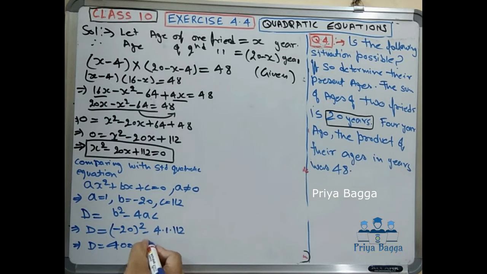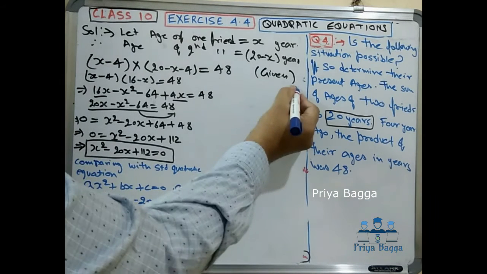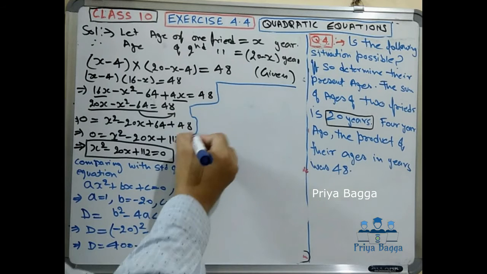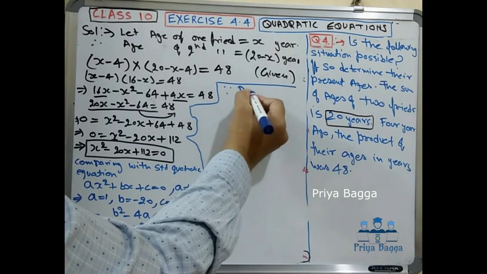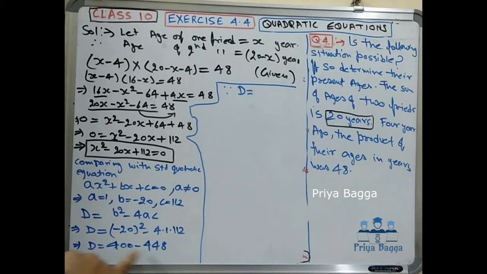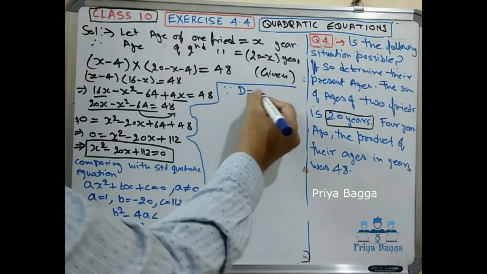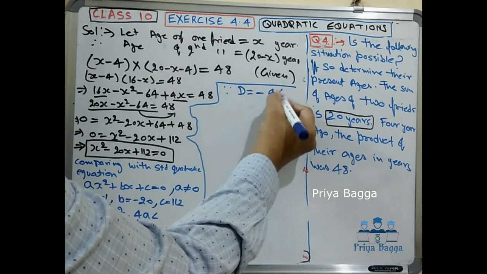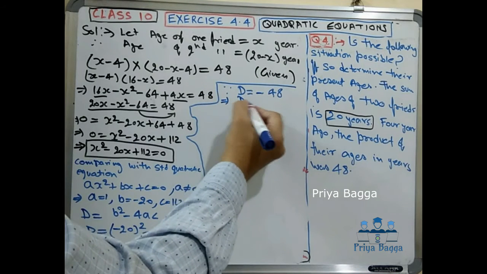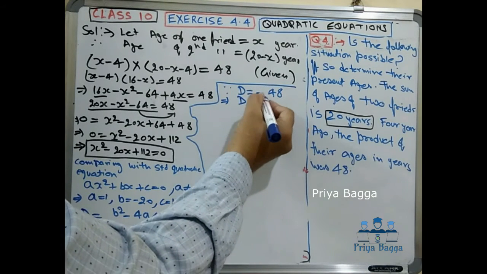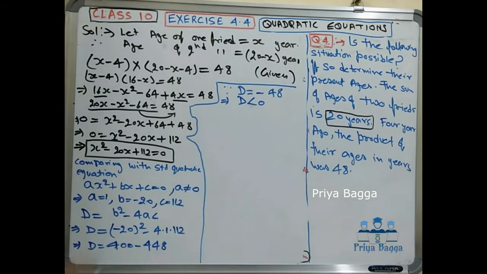So D is equal to plus 400 minus 448, which will be minus 48. Okay, so D is less than 0 because minus 48 is a negative value, so it is less than 0.